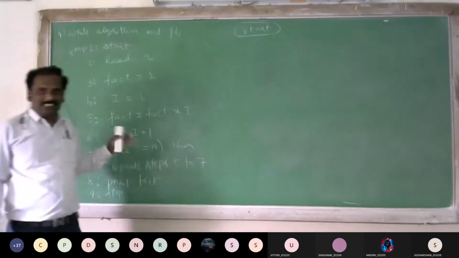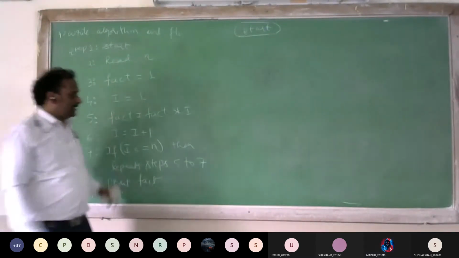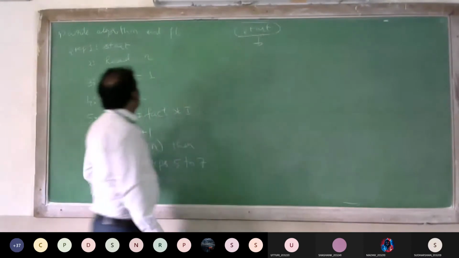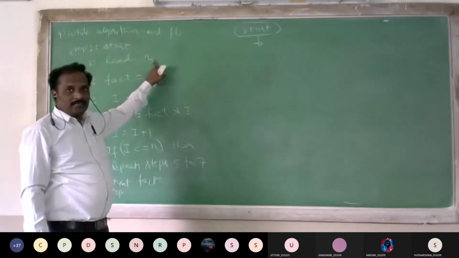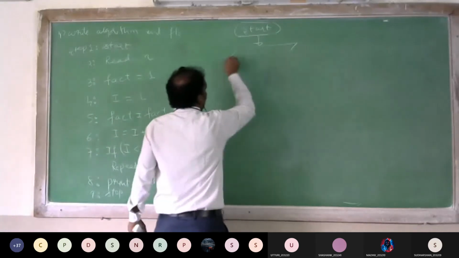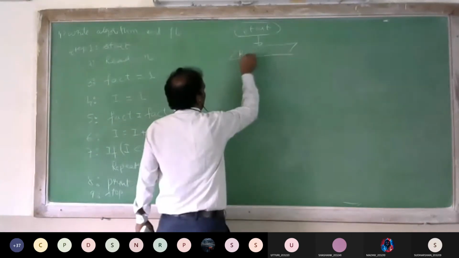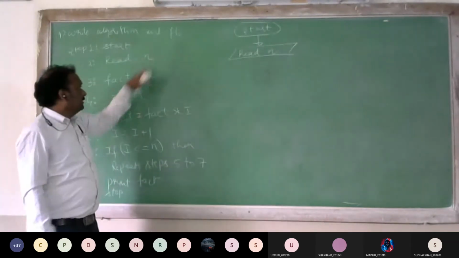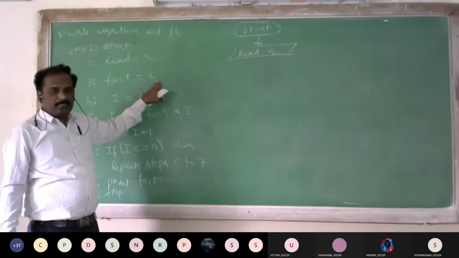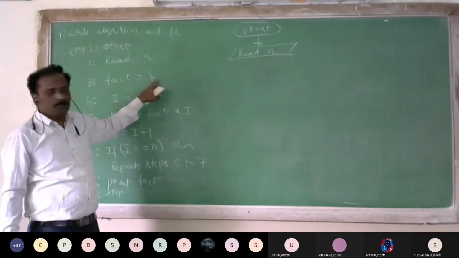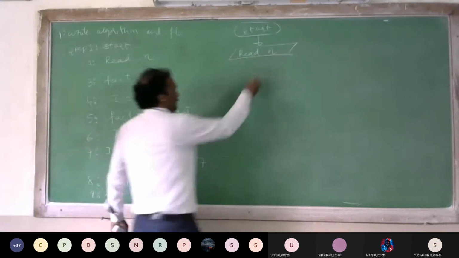Is your doubt clear? Yes, sir. Start. Read the value of n, which factorial you want to find out. For reading, we have to use a parallelogram. Read n. Since factorial of 0 is 1 and factorial of 1 is 1, the starting value of the factorial is 1.